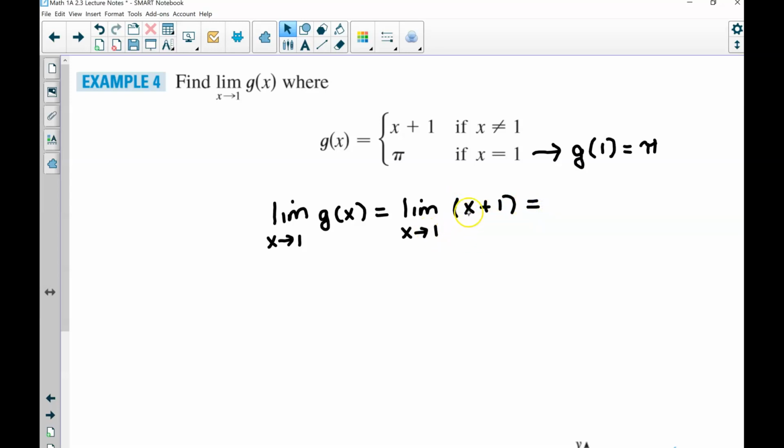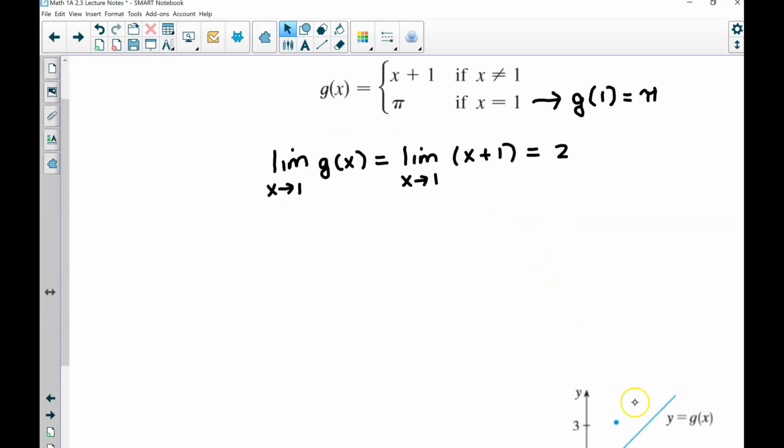And again, using direct substitution, the number is going to be 2. So even though it's given that the input at 1 is equal to pi, it doesn't matter, because the limit is still following this scenario.